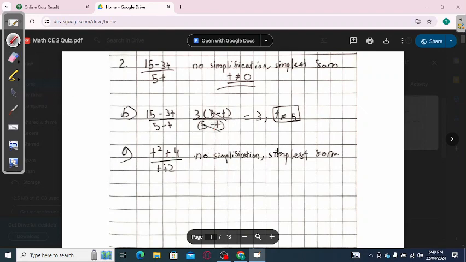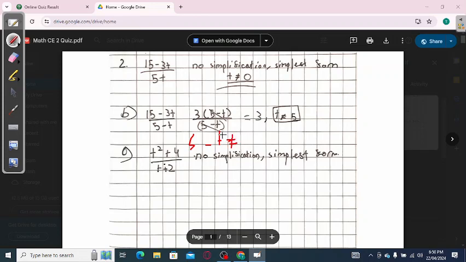So t cannot be 5, or else this expression will be undefined. Please, when you write it, write that t or x or whatever cannot be the value that makes the denominator equal 0. So 5 minus t cannot be 0. This is how you show it in writing.